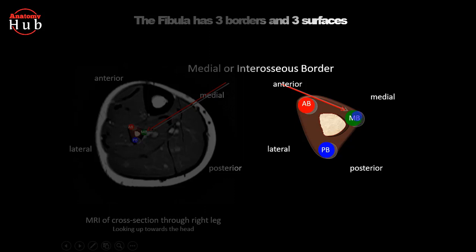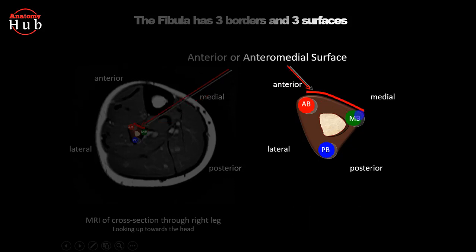This medial border is otherwise known as your interosseous border, because the interosseous border of the fibula and the interosseous border of the tibia are connected with each other by the interosseous membrane. So this interosseous membrane attaches to this interosseous border, or the medial border.